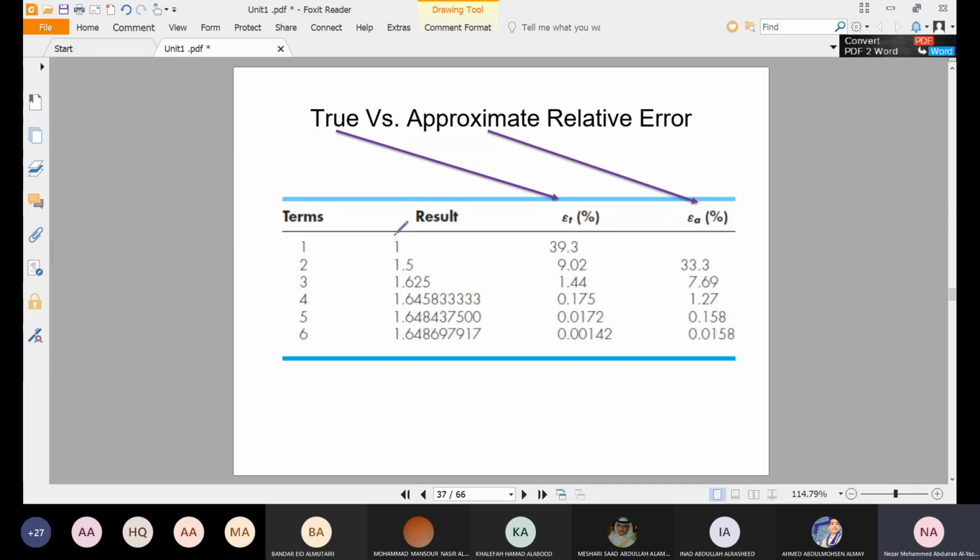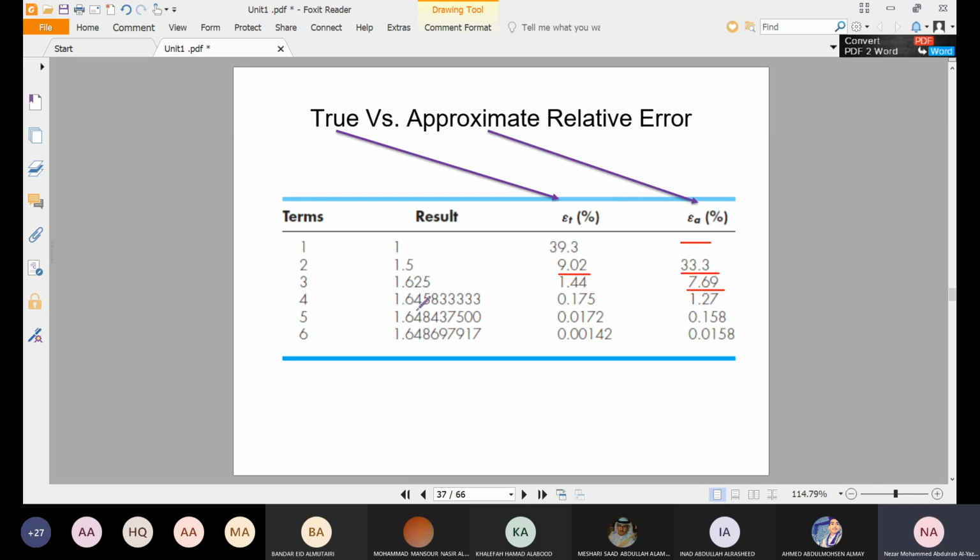So the approximation is equal to 1, and the relative true error is 39.3 at the first step. I don't have a previous estimation, so this is not applicable. The second step, I do the second estimation, I have 1.5. The relative true error reduced to 9.02. And here the approximate relative error is 3.3.